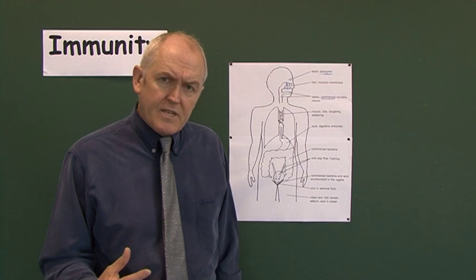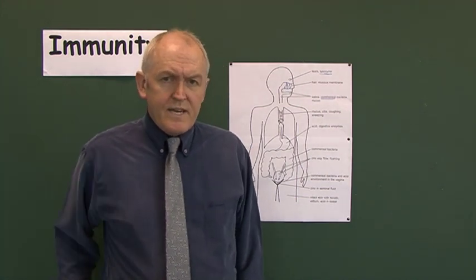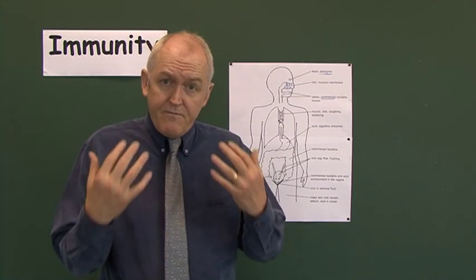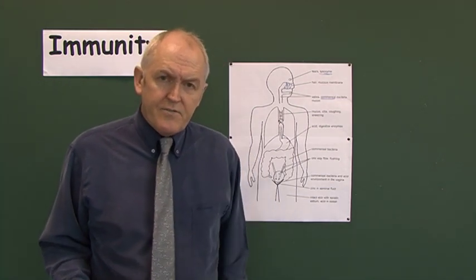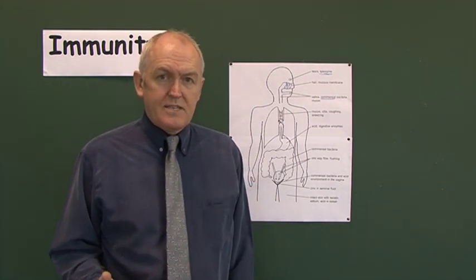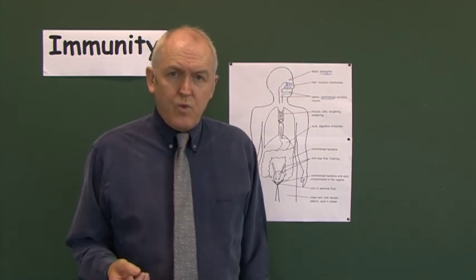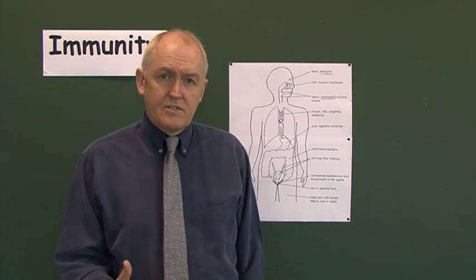And this is why we can often get complications after antibiotics. So if we take antibiotics, that's going to kill off the infecting bacteria, which is good, but it's also going to kill off the commensal, symbiotic bacteria in the mouth, the colon, the vagina. That's why patients after antibiotics are more prone to getting colon infections.